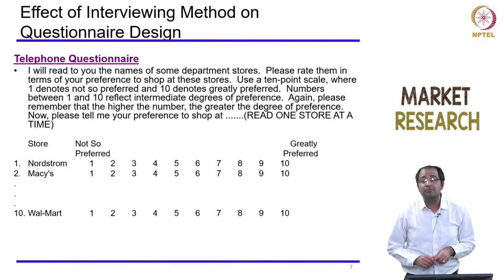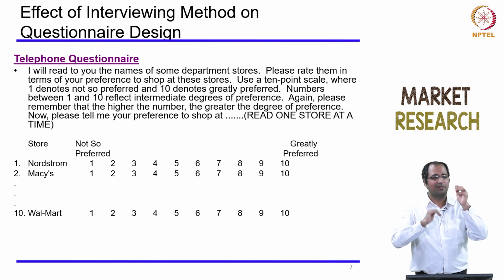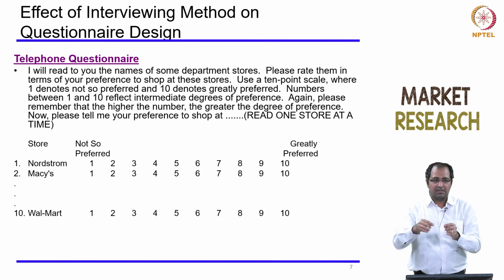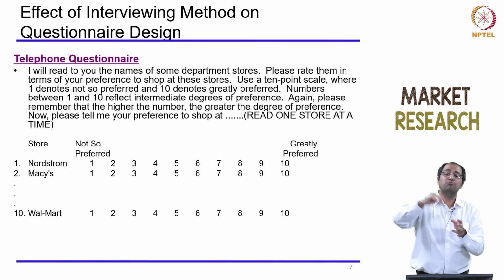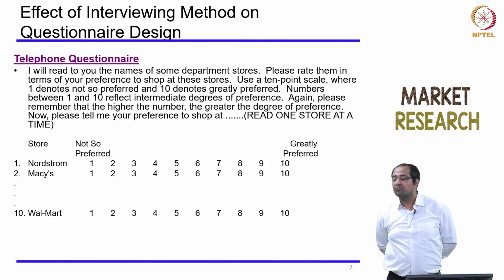Through telephone, you cannot say A, B, C, 10 stores, because if you want to arrive at rank order, you can do that by measuring through rating, and then later arriving at ranks. From rating you can go to ranking.